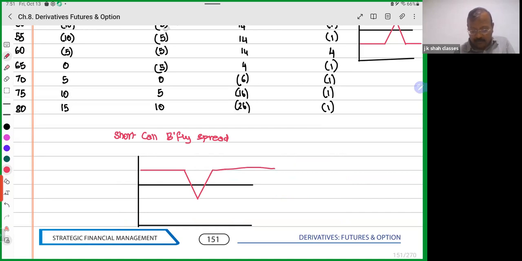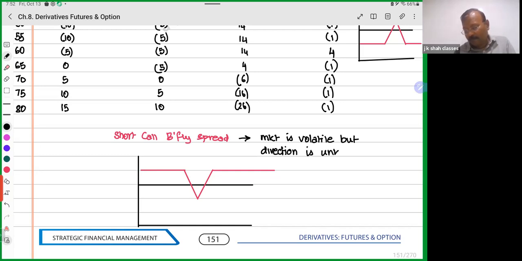And this you will adopt when, which means if you think the market is going to be volatile, but you don't know the direction, you've got two choices before you.